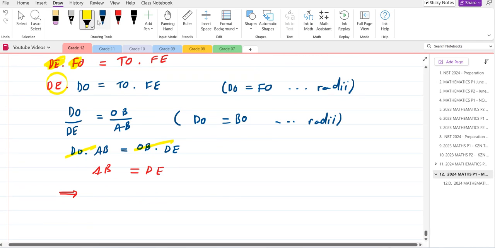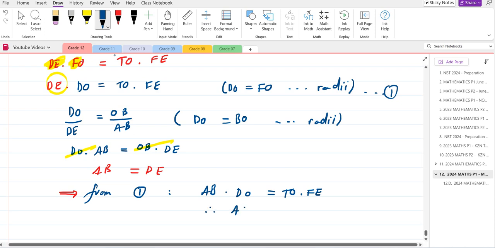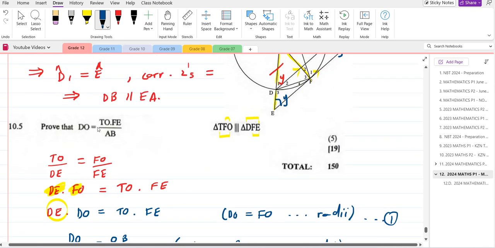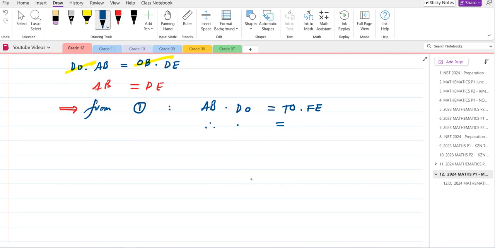So this implies, let's call this equation 1, so from 1, DE is now AB, so AB times DO equals TO times FE. Therefore DO is equal to that over AB. So therefore DO is TO times FE over AB.